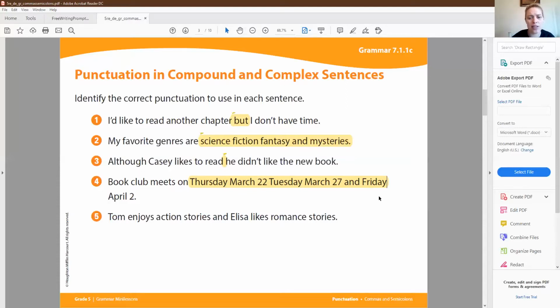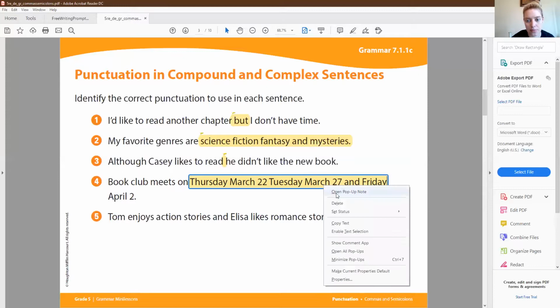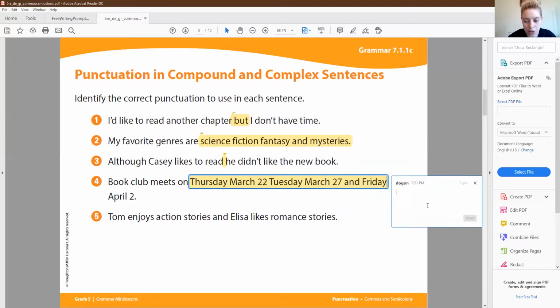So let's first put in our commas. Our commas are going to need to go between the day and the month, okay? So, book club meets on Thursday, comma, March 22nd.